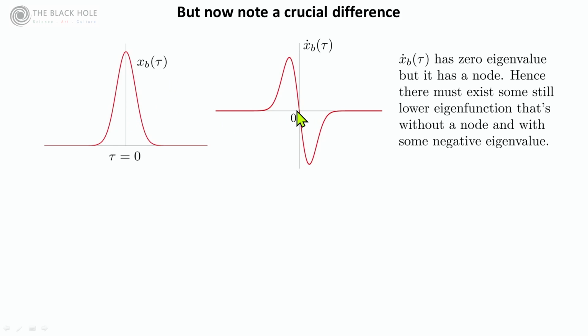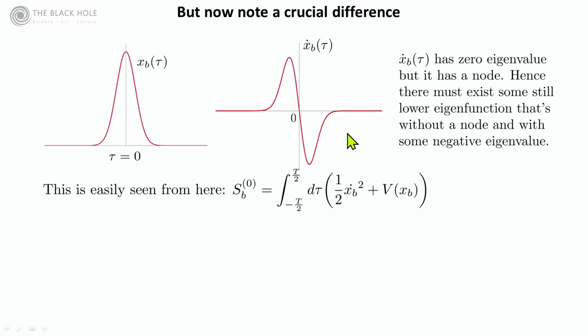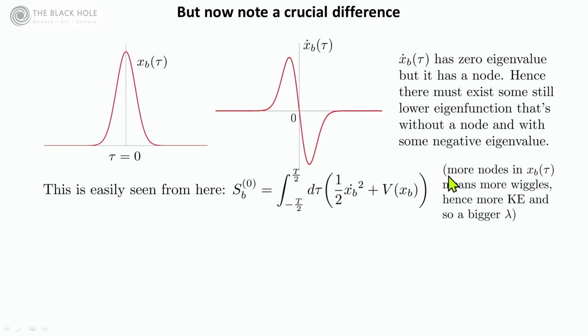Now, we know from our experience with the Schrodinger equation that if you have an eigenfunction that has wiggles in it, that means it's got more kinetic energy. So, in other words, more nodes in xb means more kinetic energy. xb dot squared is bigger.